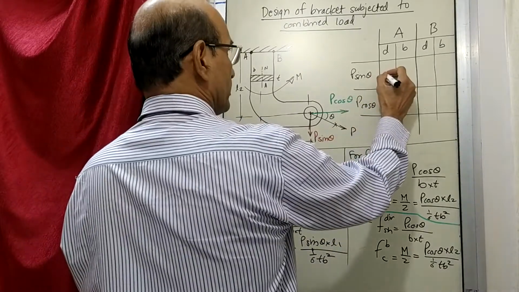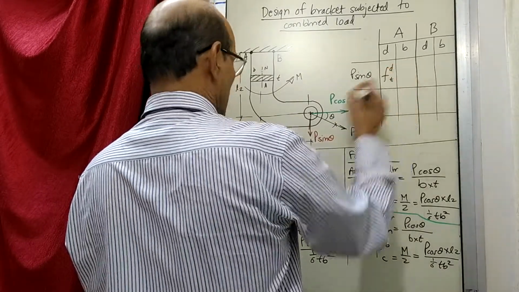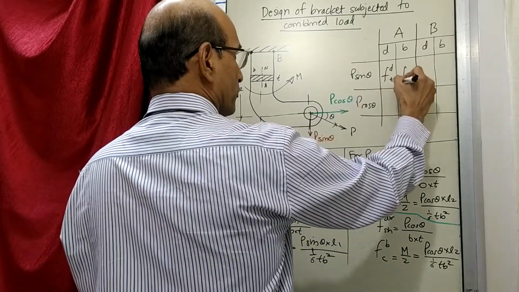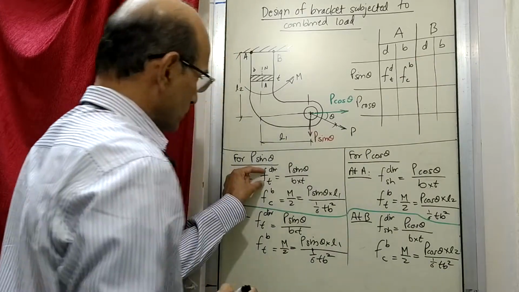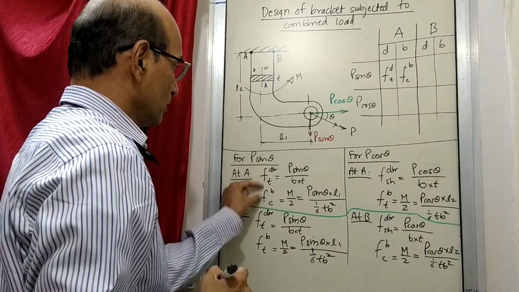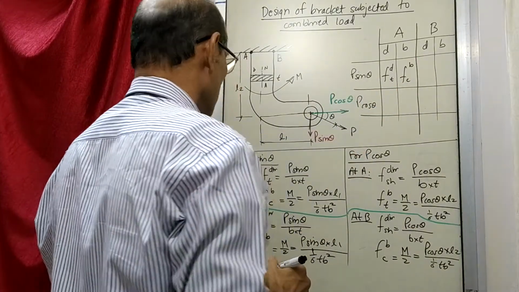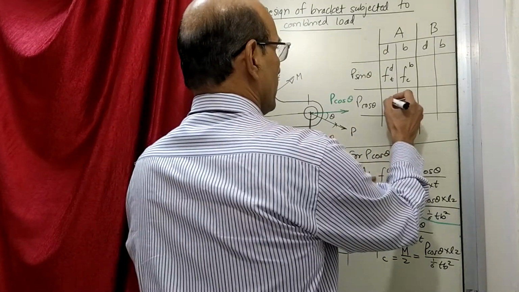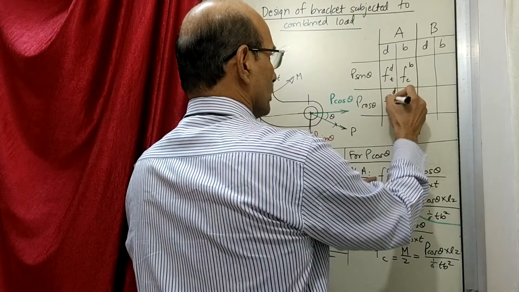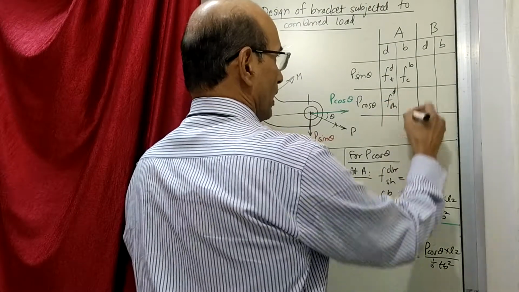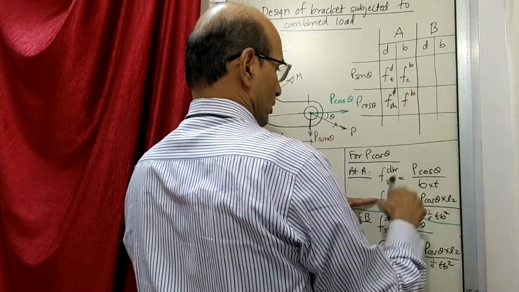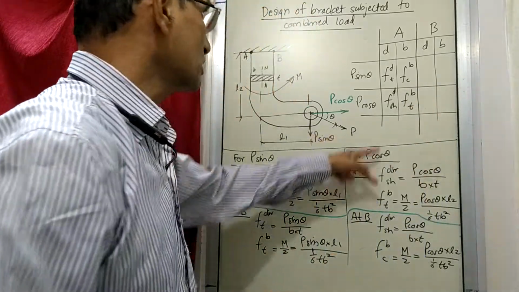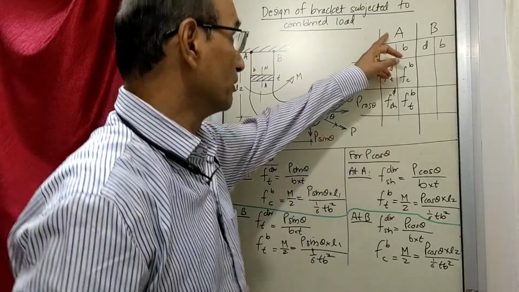I'll just write here Ft, direct is this with this formula, and bending is Fc. So I'm just writing which is on the left side. These 2 are here. Then at the same A, because of P cos theta, direct will be of shear type and bending will be of tensile type. So these 4 things are written in brief at A.